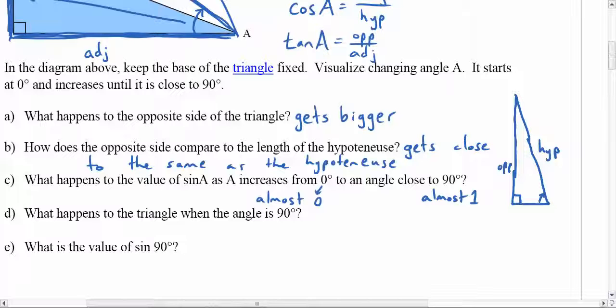When it's exactly 90, you can think of it as being like an infinite equilateral triangle, where the top point is at infinity. Then the opposite side and the hypotenuse will be the same. So when the angle is 90 degrees, it's like an infinite isosceles.